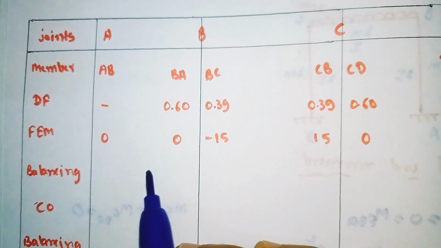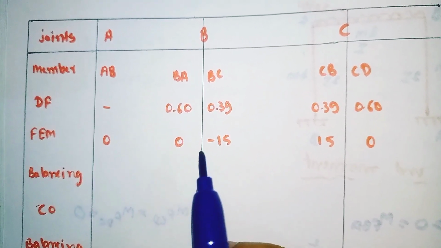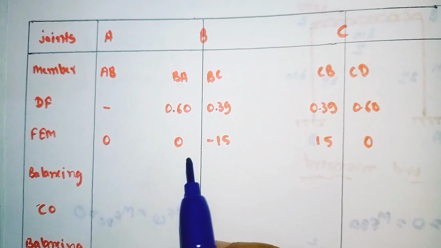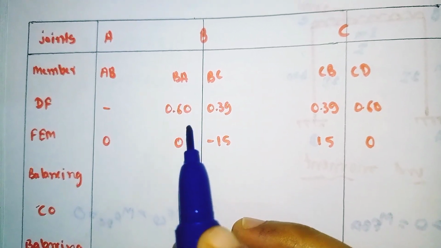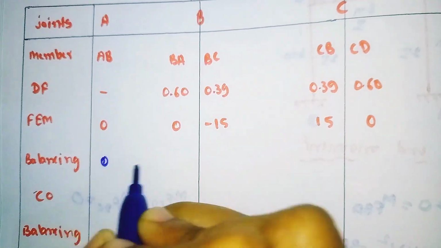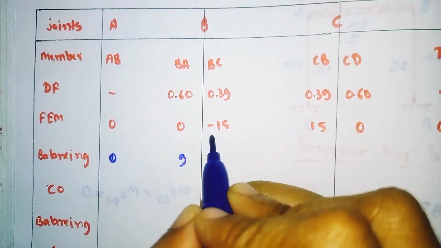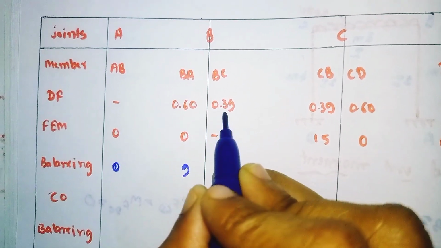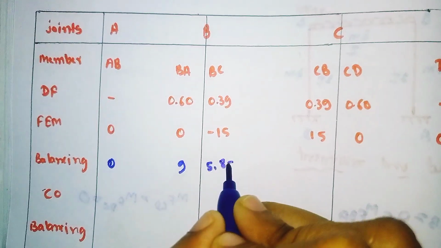So I will show you. So now 0 plus minus 15, it will come out as minus 15. Then make it into positive. So 15 into this 0.6. If you multiply, we'll get 9, and here there is no value, keep it as 0. And if you multiply this positive 15 into 0.39, it will come out as positive 5.85.